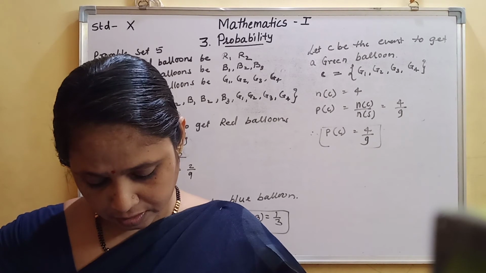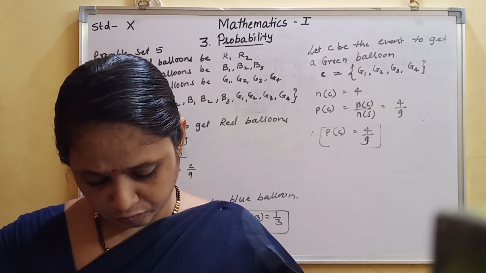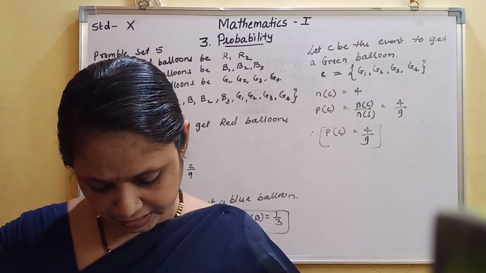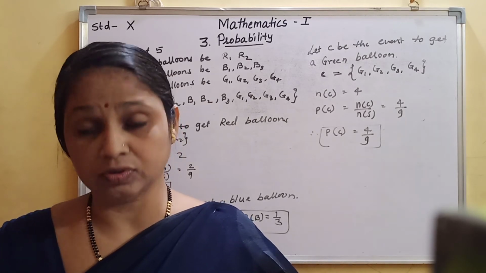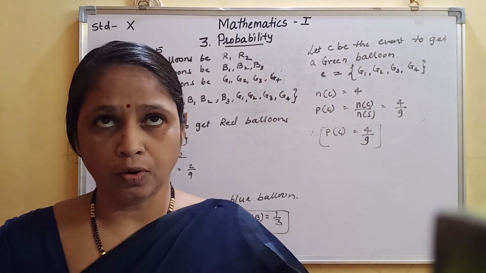Rutuja wants to pick a pen at random. What is the probability that the pen is blue? First, what condition? Only one condition you have to find out here. So you have to find out the probability of a blue pen.